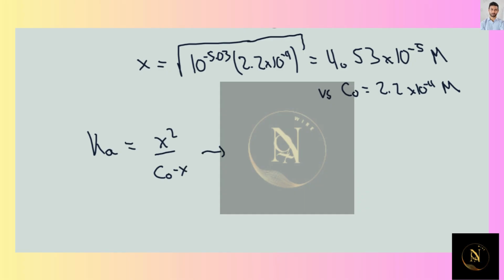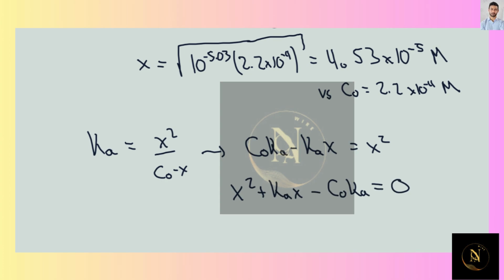We can expand this, multiply C0 minus x to the left, so we get C0 times Ka minus Ka times x is equal to x squared. Thus, the equation that we need to solve is x squared plus Ka times x minus C0 times Ka equal to 0.